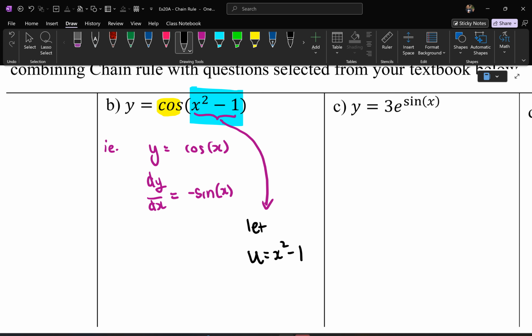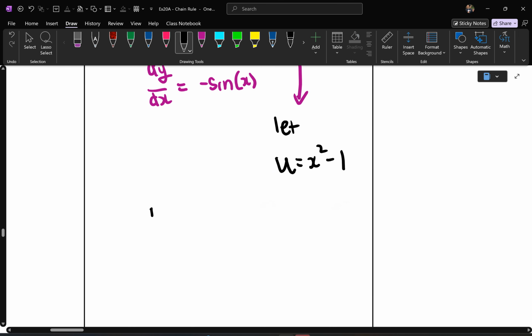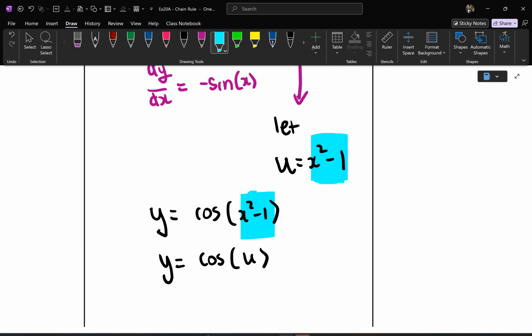Now if you do that, that changes the problem. Instead of y equals cos of x squared minus 1, it now becomes y equals cos of u. Because I've replaced x squared minus 1 with the letter u. This is much easier.